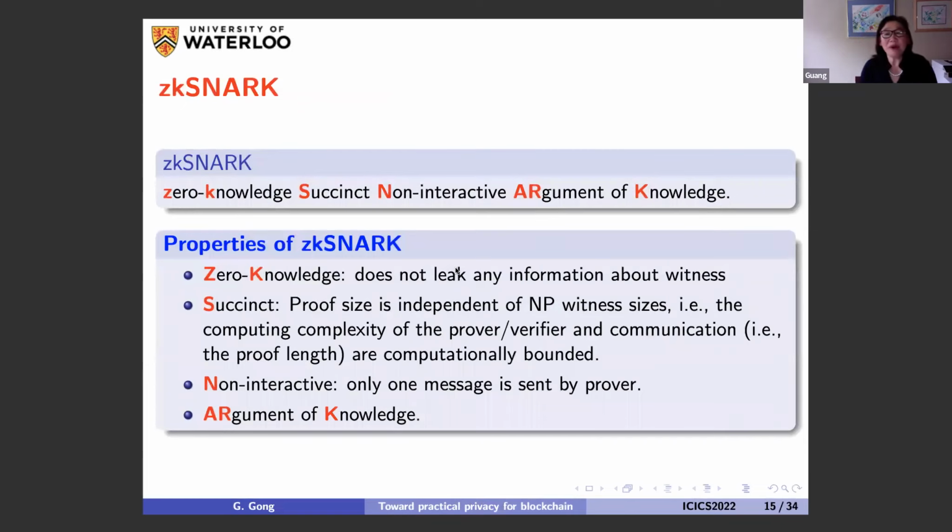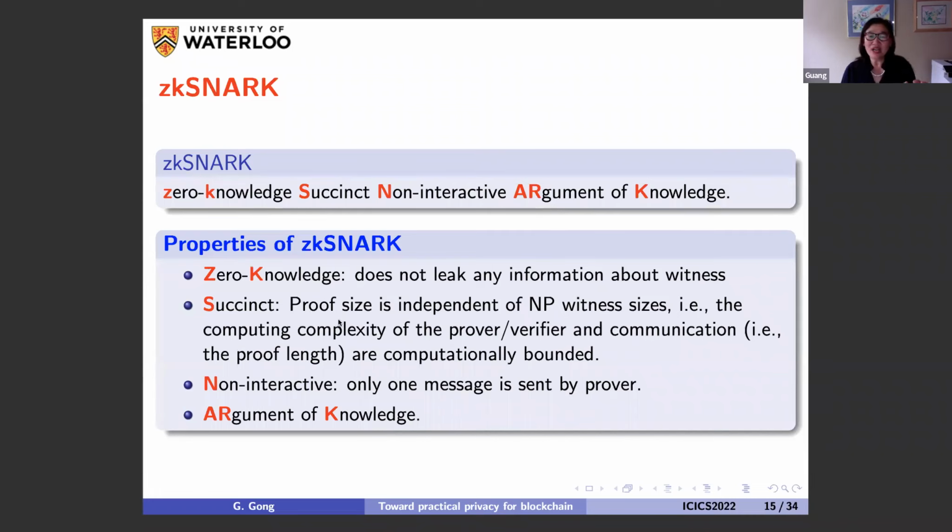The most popular scheme proposed for blockchain privacy or outsourced computation in cloud applications is called zkSNARK. As I mentioned before, ZK is zero knowledge, S is succinct, N is non-interactive, AR is argument, and K is knowledge. Zero knowledge, as we mentioned, does not leak any information about the witness.